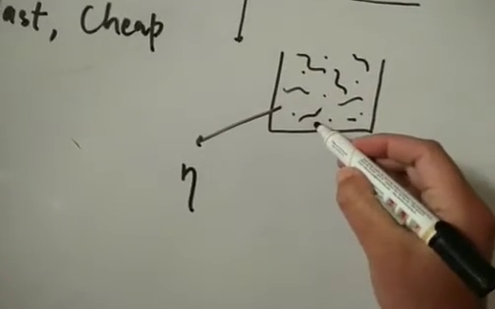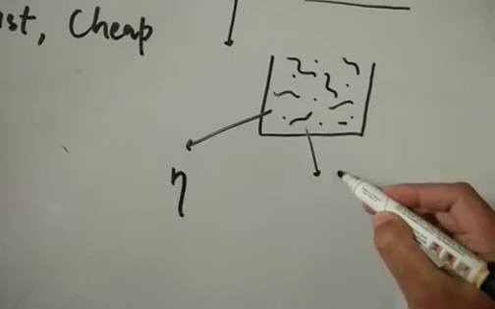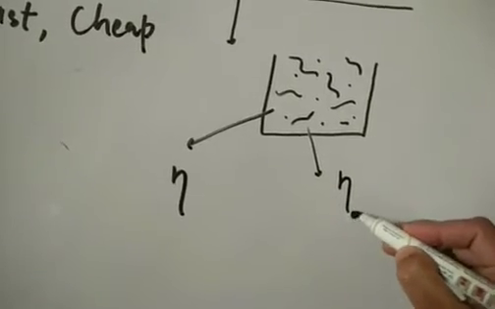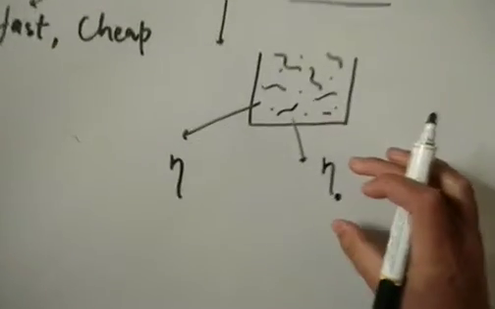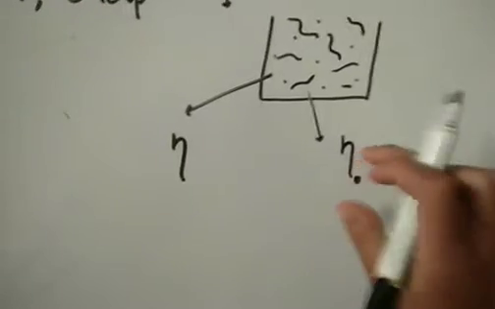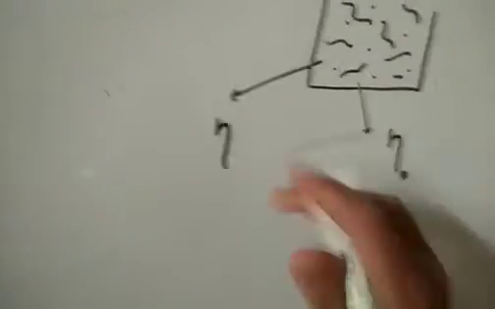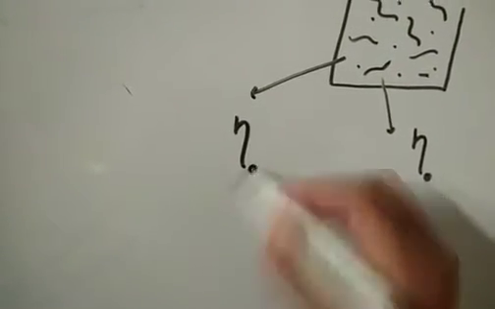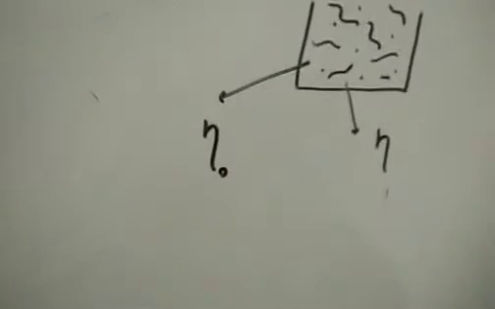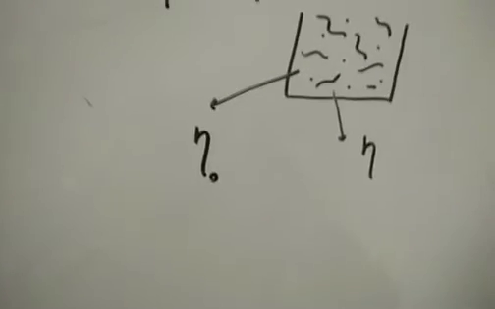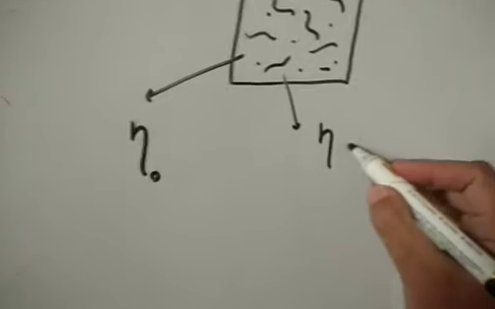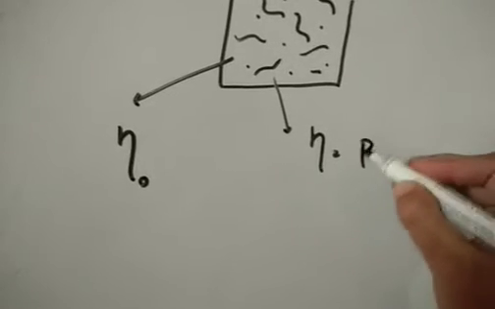Now the viscosity of the pure solvent is expressed by eta 0, जो अक्सर books में होता है, and viscosity of the solution is expressed as eta. So this is the viscosity of polymer solution.